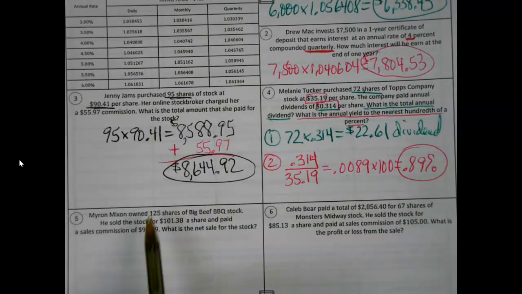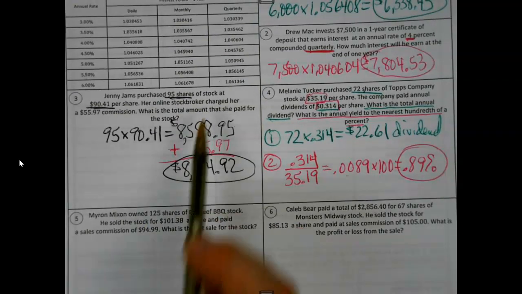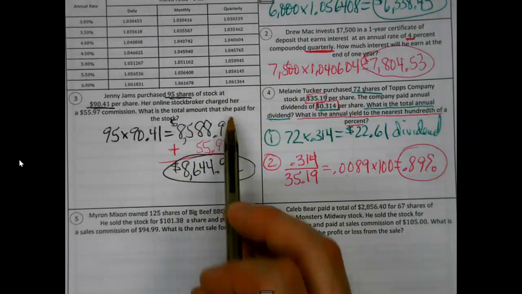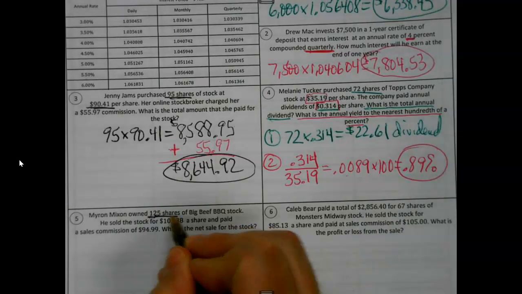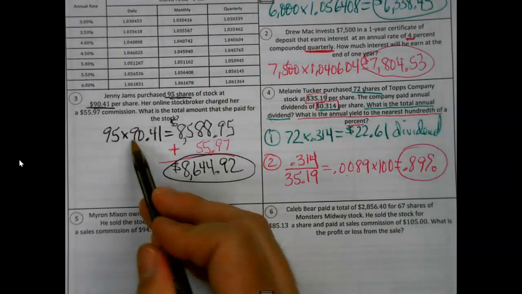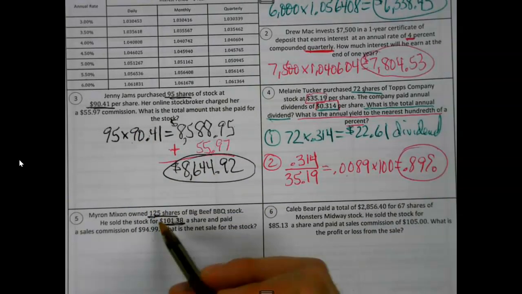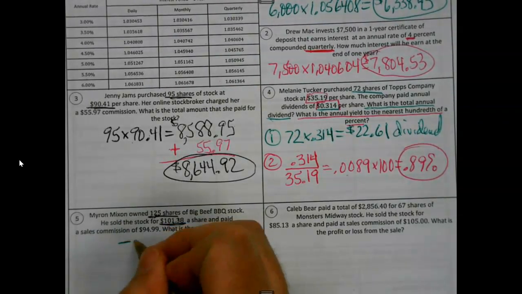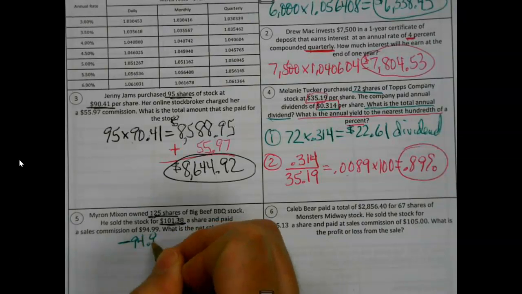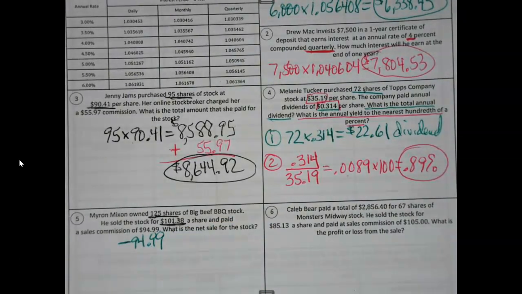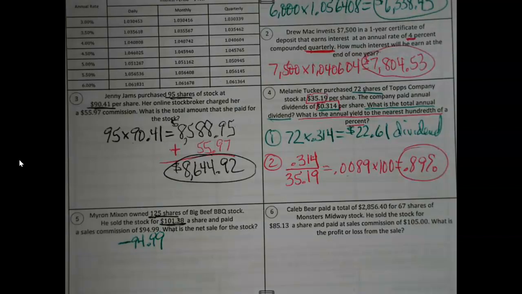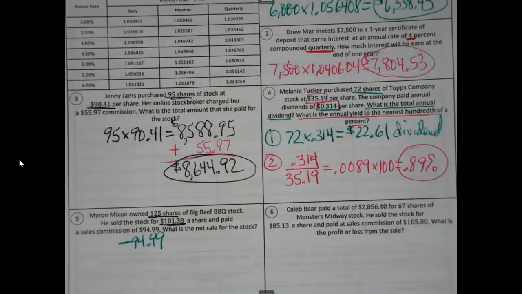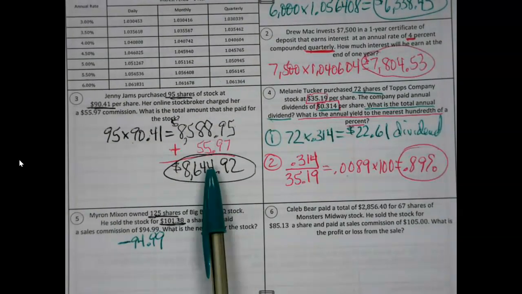3 and 5 are similar. Here's the only thing I'm going to say on this. I won't bore you by sticking you through all this. I'm still going to go ahead and multiply to get the first part of my sale. But this time, you're going to subtract the $94.99 at the end instead of adding it. Because like I said, when you're buying it, you're adding it, so it costs more.